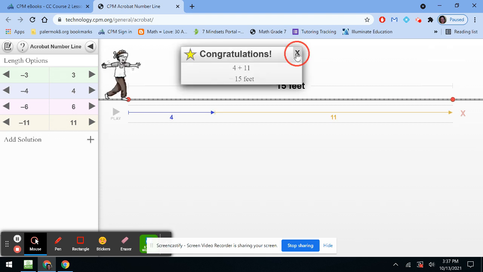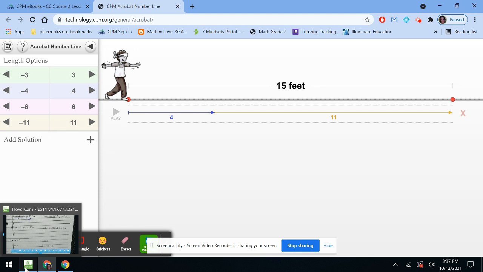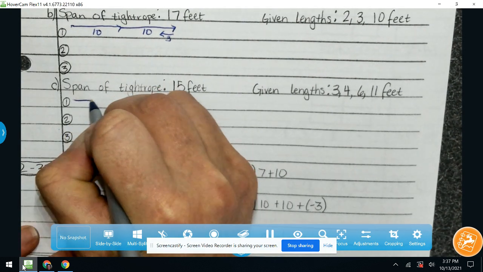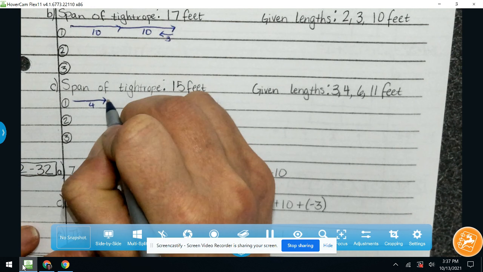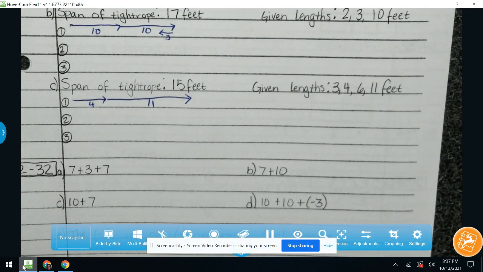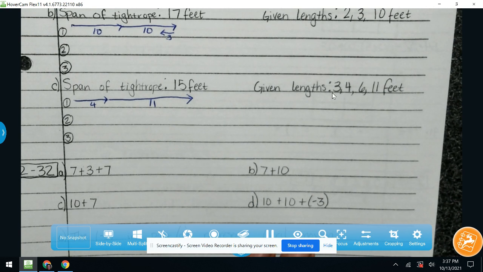And then we would draw it. So 4 feet, and then 11 feet. And then we can have all these combinations. And don't forget, you can also have Cecil go turn around and go the other direction like we did up here.